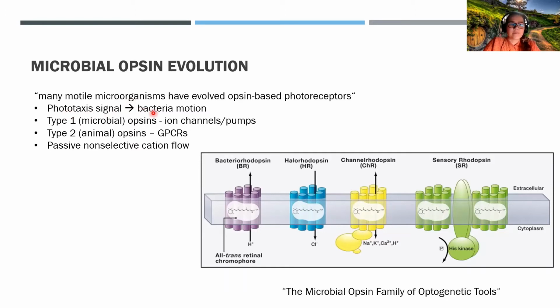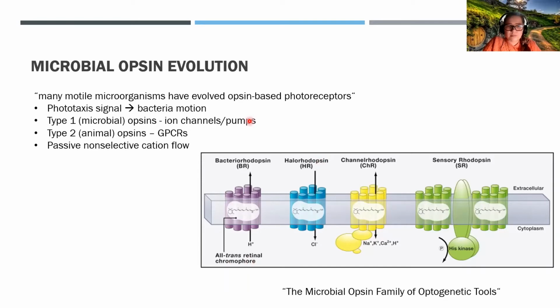And so by expressing those light-activated proteins, bacteria and algae could produce energy for themselves. There are type 1 opsins that have microbial origin and are ion channels or ion pumps, and there are type 2 opsins that are much more intricate proteins. They are GPCRs, not simple channels or pumps, and they are of animal origin. So these entered optogenetics first, as I mentioned.